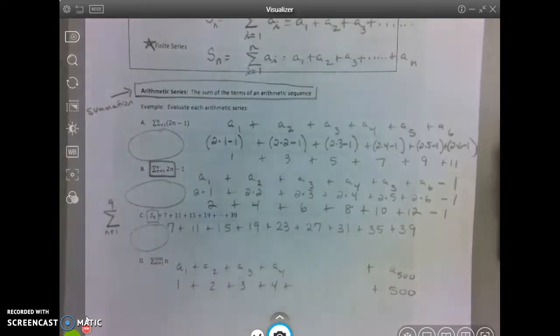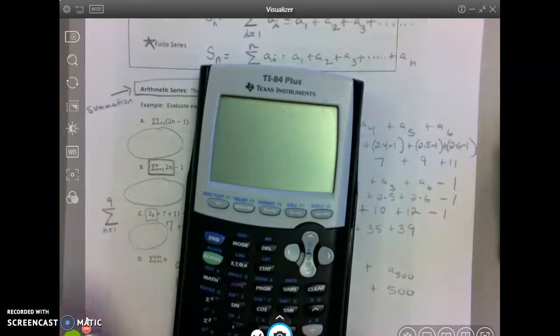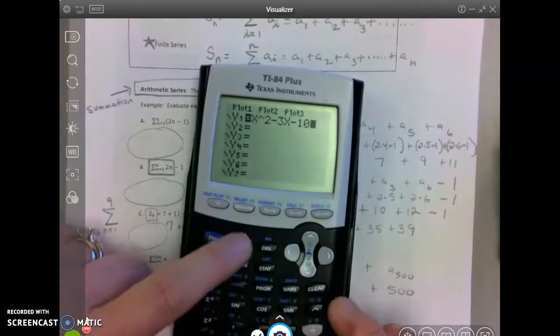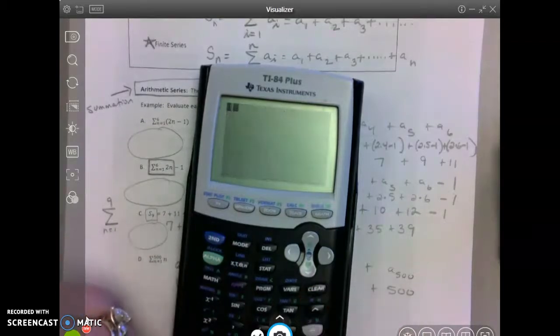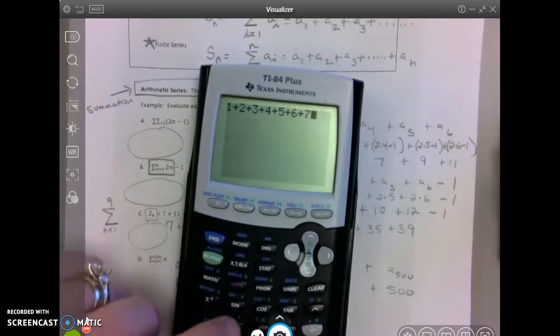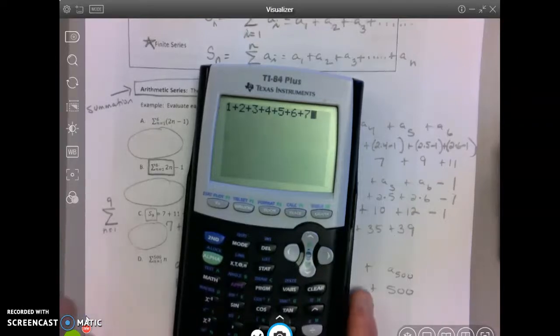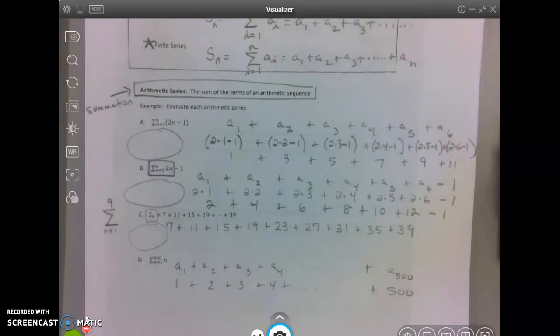So am I going to go to my calculator and say 1 plus 2 plus 3 plus 4 plus 5 plus 6 plus 7 and go all the way to 500? It's going to take me a really long time, which means there has to be a shortcut. There has to be a formula for adding all of the elements in an arithmetic series.